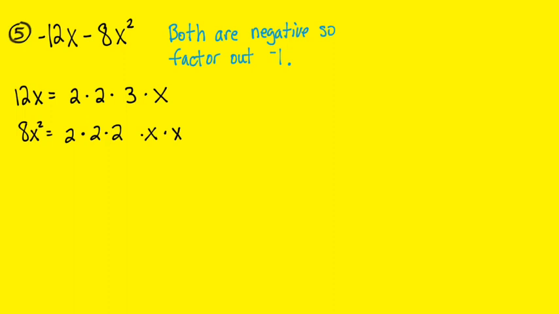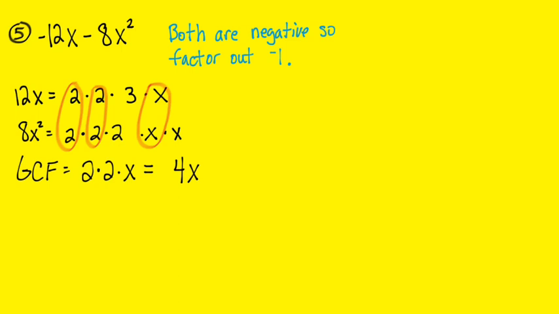Again, this is what you're thinking, right? They both have a 2, they both have another 2, or we could just say they both have 4 and an x. So I'm going to go ahead and factor out. The greatest common factor is 4x, but I want to include that negative in there. So I'm going to factor out negative 4x.